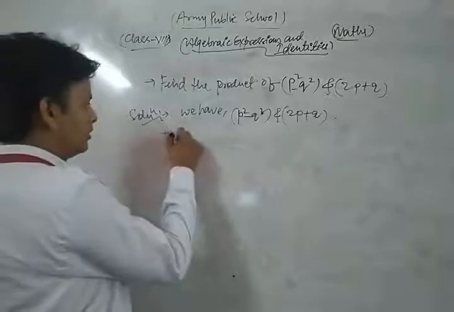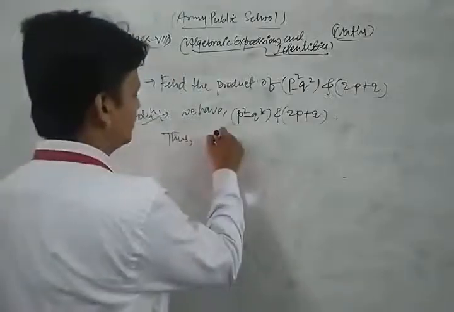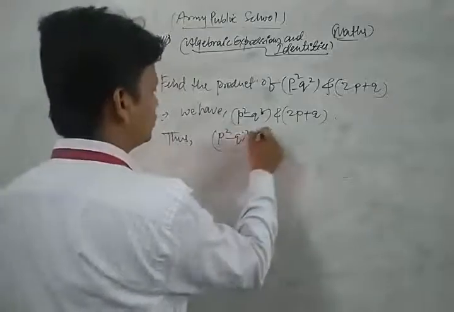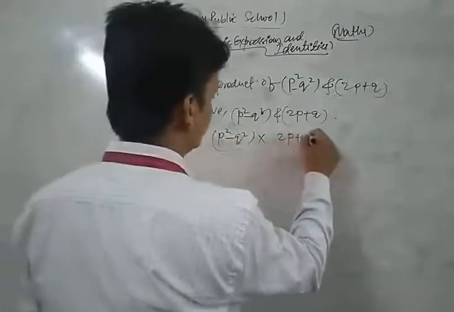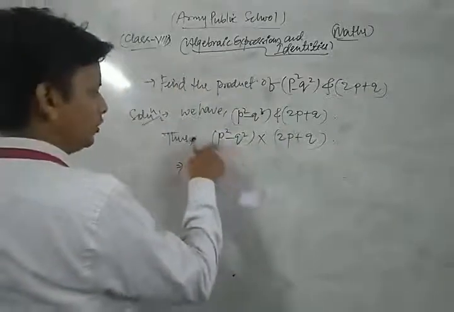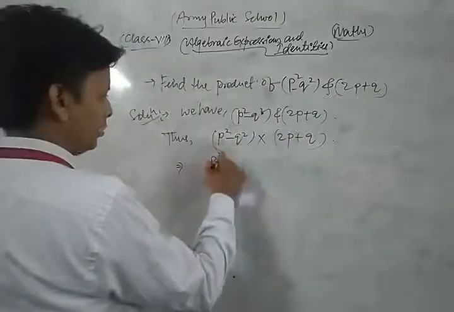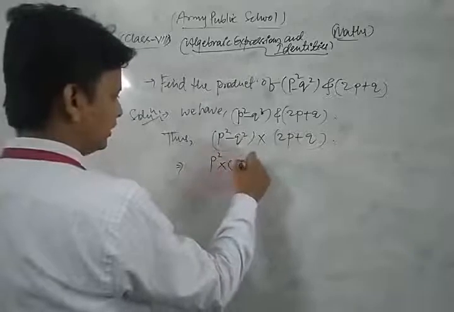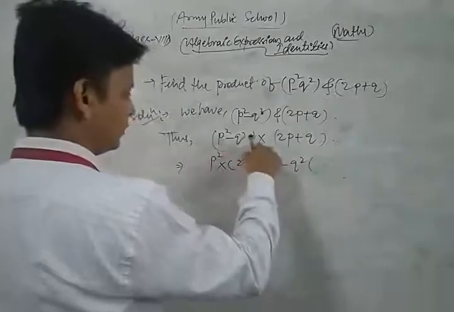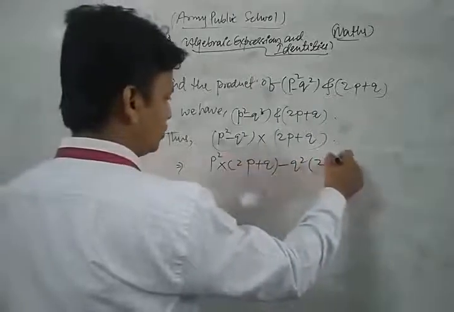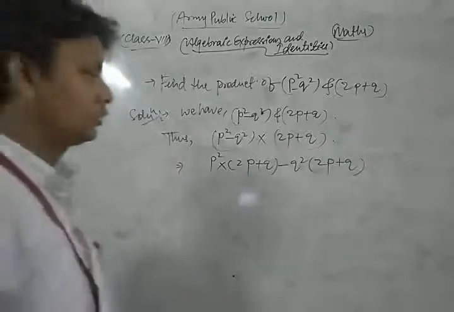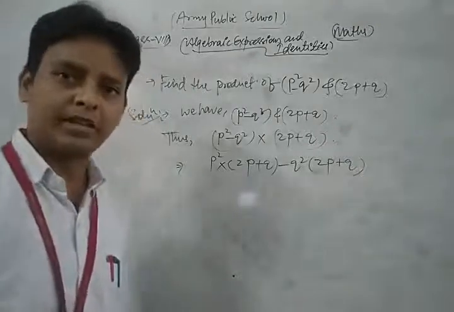Thus we can write p square minus q square multiplied by 2p plus q. Now we simplify them.